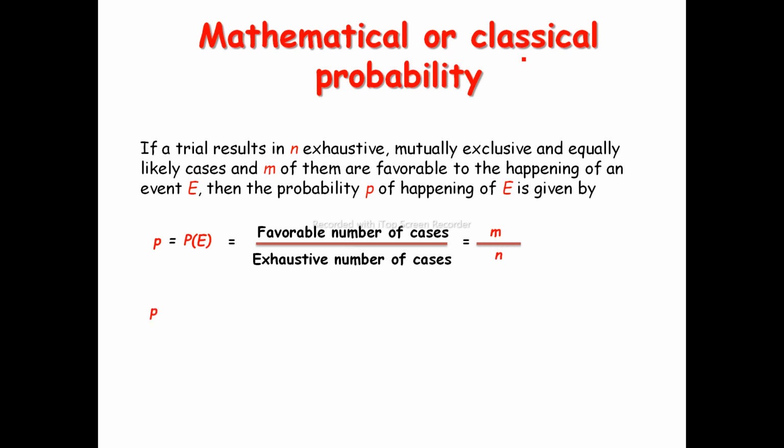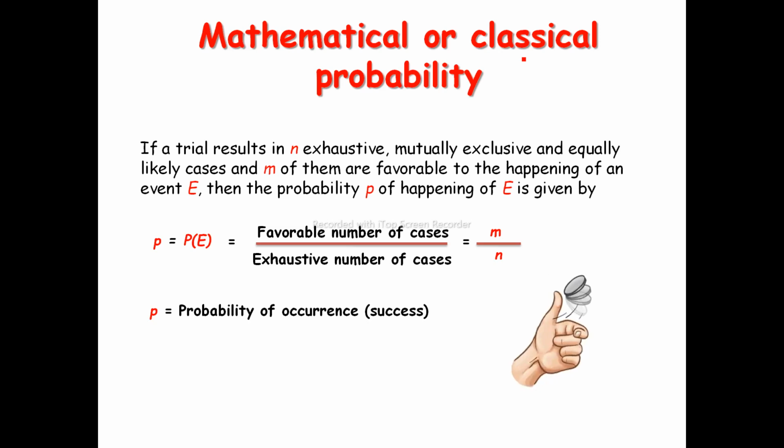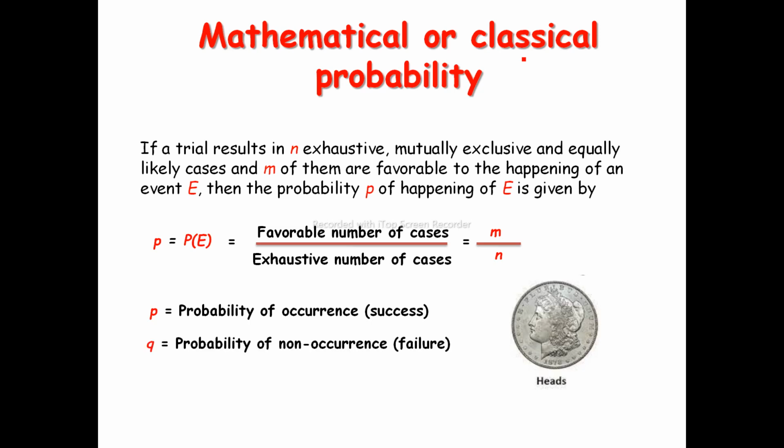P is the probability of occurrence, that is success. If I am eating ice cream, that is my success. You are tossing a coin and if head occurs, that will be success. And Q is the probability of non-occurrence, that is failure, that is head not occurring. Now listen to my words very carefully. If head is not occurring, tail is occurring, isn't it?